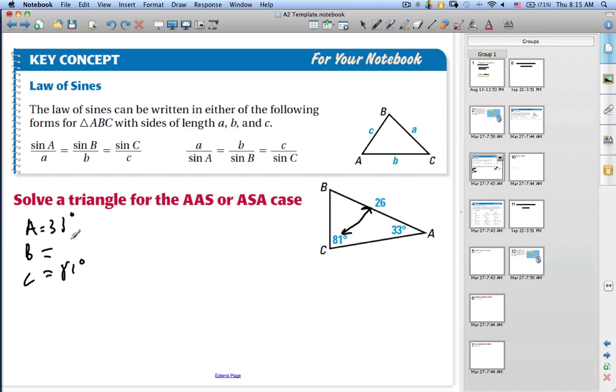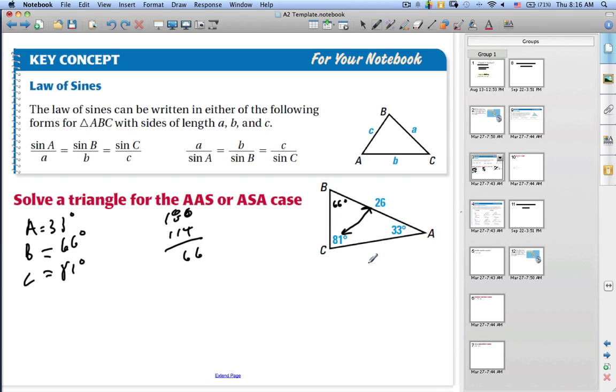I can also find angle B because I know that the sum of the angles adds up to 180 degrees. So if I take 81 plus 33, that's 114, and I subtract that from 180, I get 66 degrees for angle B. Okay, so that's a good start.